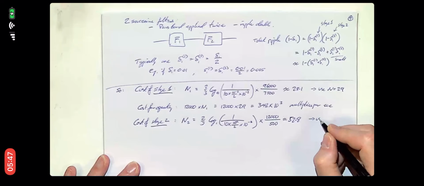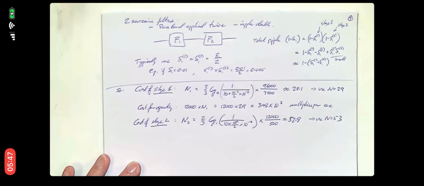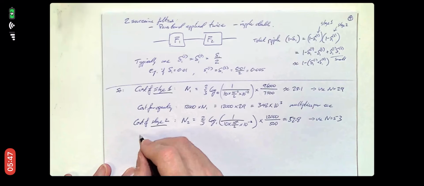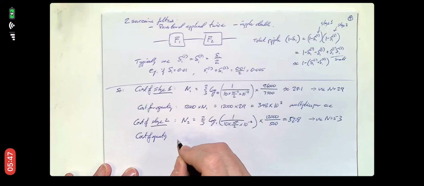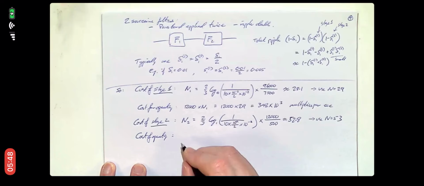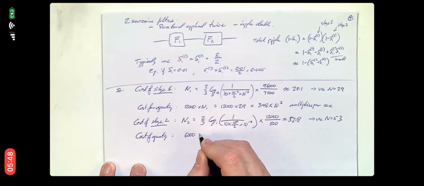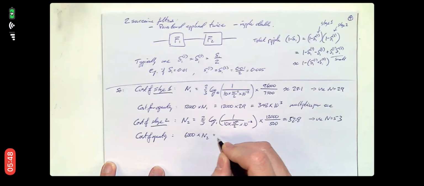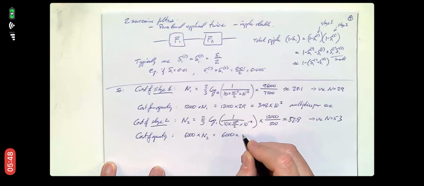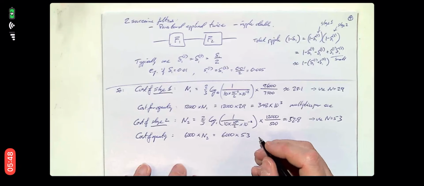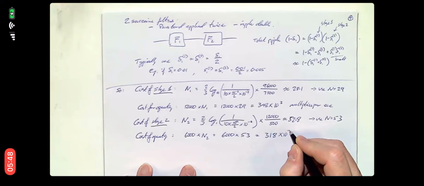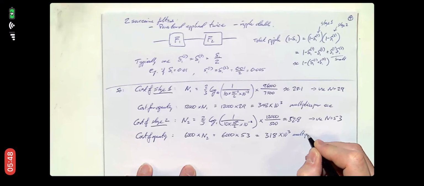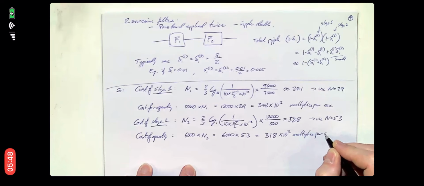So we'll use N equals 53 for that one. And for this one, the cost of operating is, this time, the lower sampling rate, which is 6 kilohertz times N2, which is 6,000 times 53, which is 318 times 10 to the 3 multiplies per second.